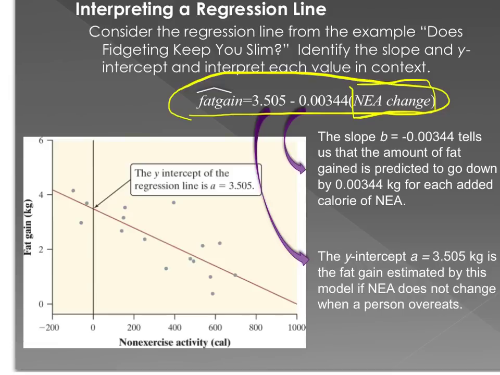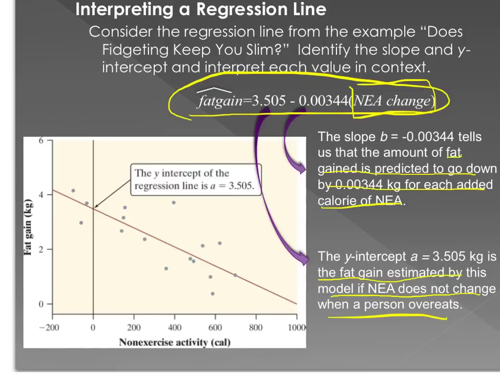So if we were to interpret this in context, we would say that the amount of fat gained is predicted to go down by 0.0034 kilograms for each added calorie of non-exercise activity. And because of the negative, that's why we're predicting it to go down. The y-intercept, which is 3.505, is the fat gain estimated by this model if our non-exercise activity does not change when a person overeats.